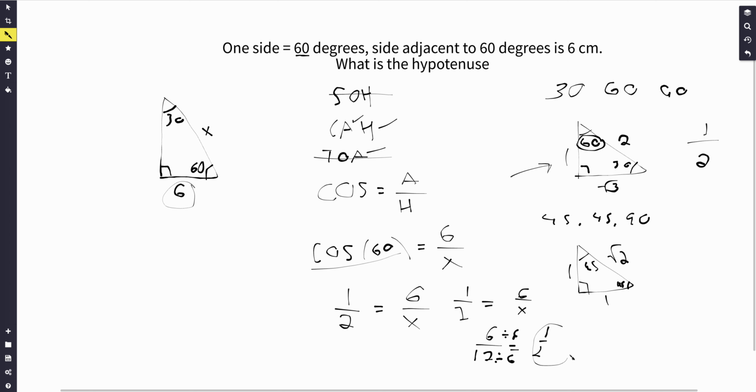That'll get you 1/2. So the x value would equal 12. But we're not done. The centimeters is still there. So the answer would be that x value, or the hypotenuse, is equal to 12 centimeters.